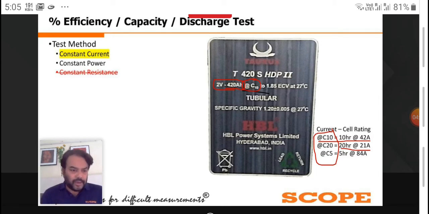There was one question by Mr. Kaushal Kishore. Please tell how we decide when to put on float and when to put on boost during regular maintenance activity. It is not the maintenance activity, sir.